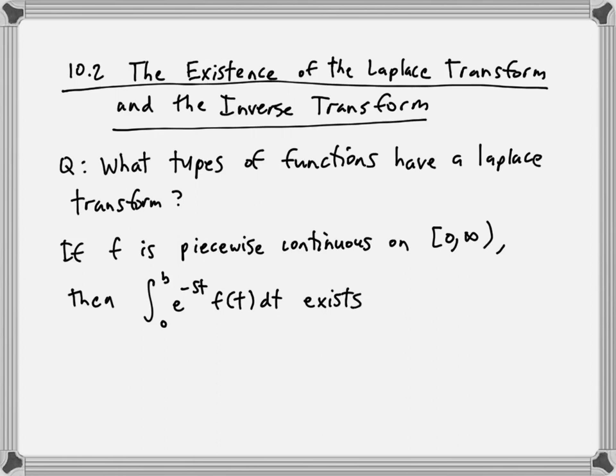The question is, does this exist as b goes to infinity? So when does this guy exist? This is what we're asking. What types of functions does this exist for?